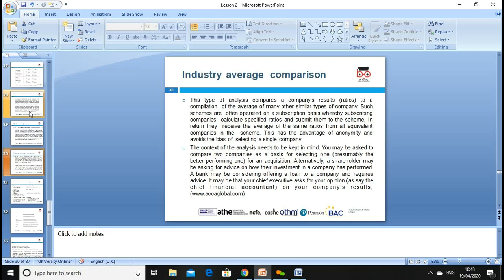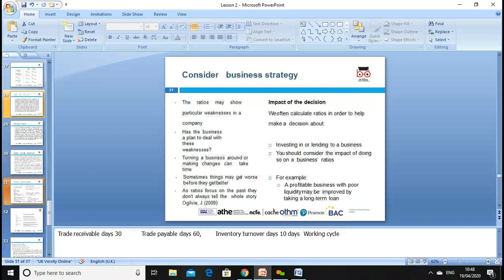Otherwise we may say it's good, but again the industry average is bad. Every industry has its own benchmark, and you have to follow the benchmark of the industry. So please make sure we follow and look around. Anybody, any question?